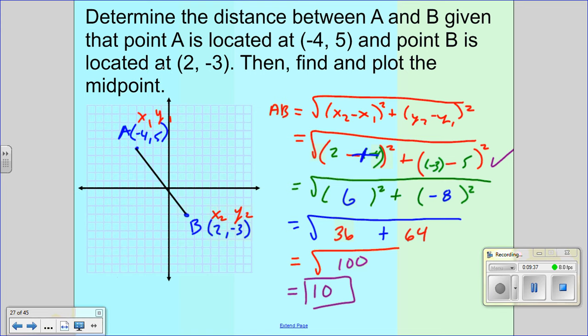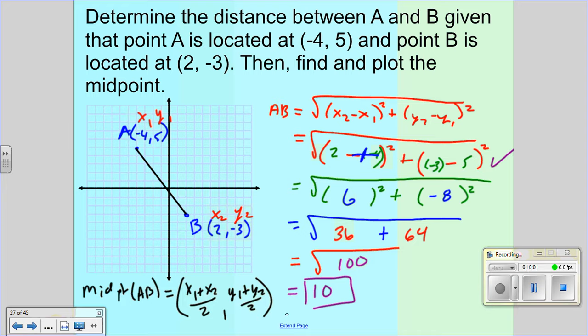So the next thing I have to do is find the midpoint. So the midpoint from A to B is going to equal, again, it's a coordinate, x1 plus x2 over 2, y1 plus y2 over 2.